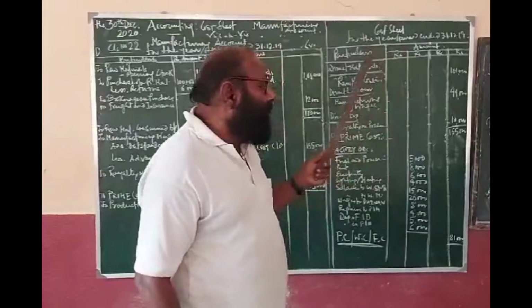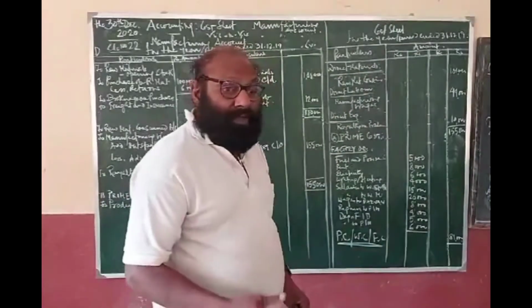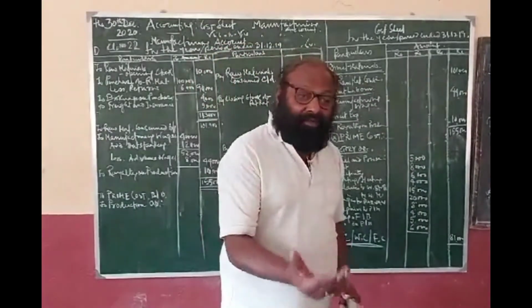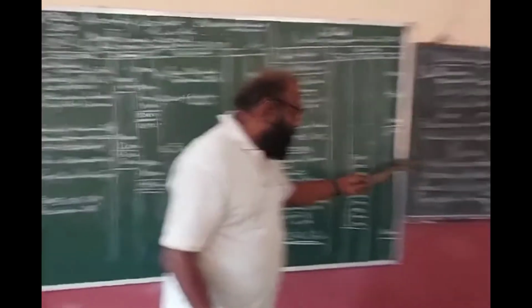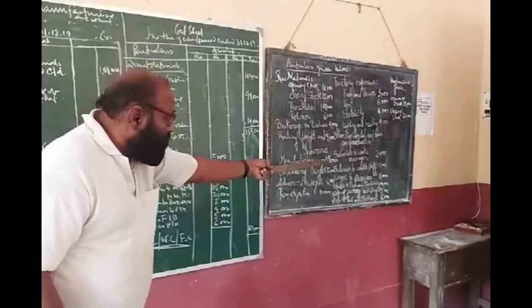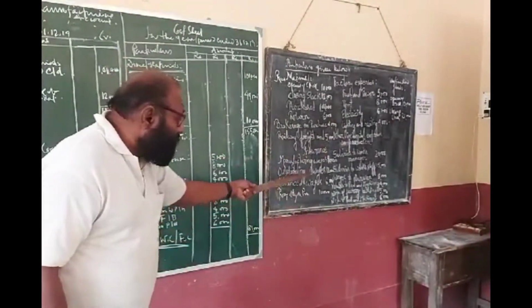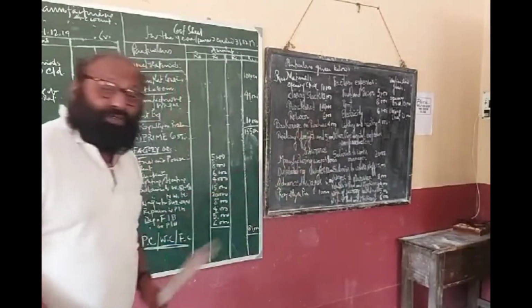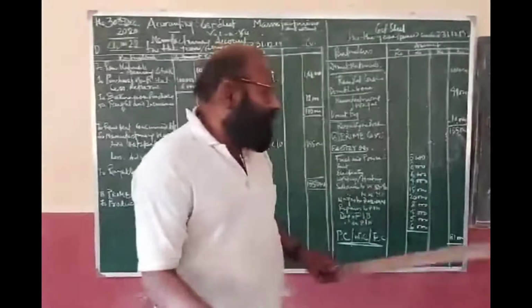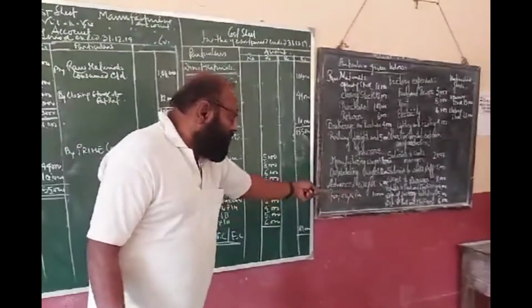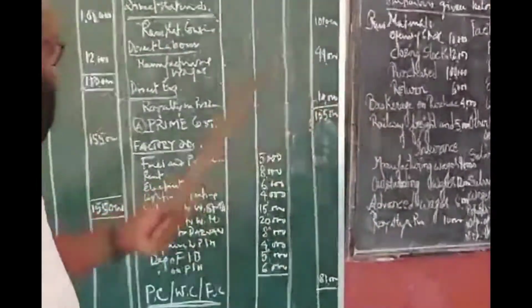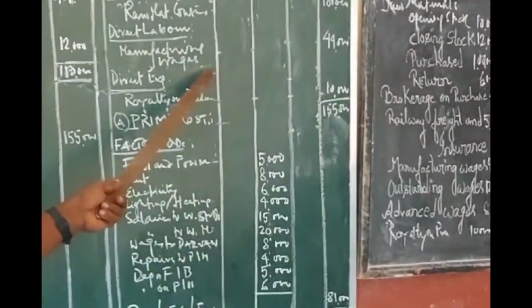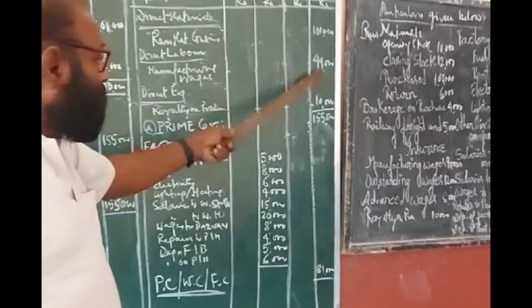Then came direct labor. Direct labor is the identifiable labor, and under it the amount was manufacturing wages 40,000 and outstanding wages 12,000, so it was 52,000. But there was an advance payment of wages of 8,000. So we got the figure of manufacturing wages 44,000.